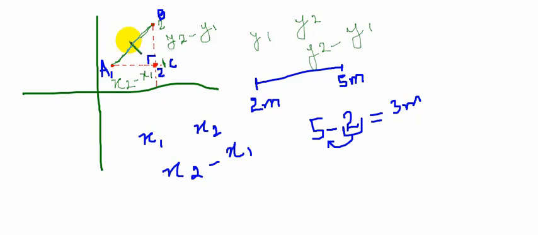We have the lengths of 2 sides given. The length for the first side is x2 minus x1, the length for the second side is y2 minus y1, and now we need to find the length for this side, which we can do easily by the Pythagorean theorem. You know the Pythagorean theorem? Yes. That's great. So now let's use the Pythagorean theorem and find the distance for that missing side.